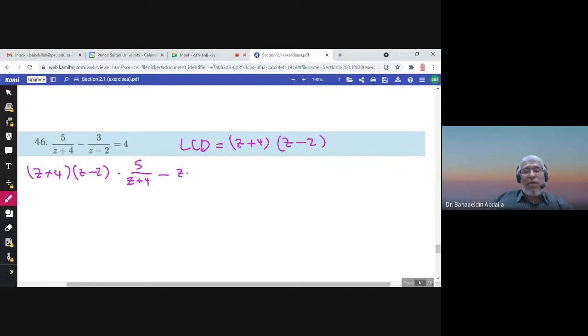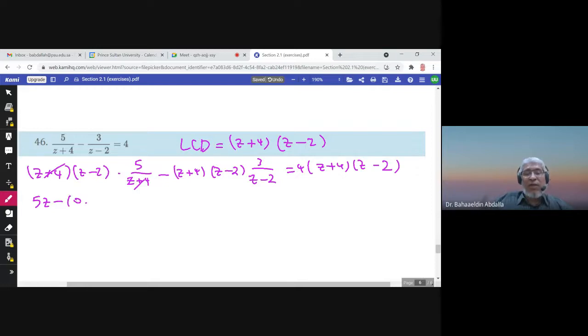Minus again z plus 4 times z minus 2 times 3 over z minus 2 equals 4 times z plus 4 times z minus 2. Well, z plus 4 cancels with z plus 4, and I have 5 times z minus 2, minus 10. And here z minus 2 cancels z minus 2, and I have 3 times z plus 4.